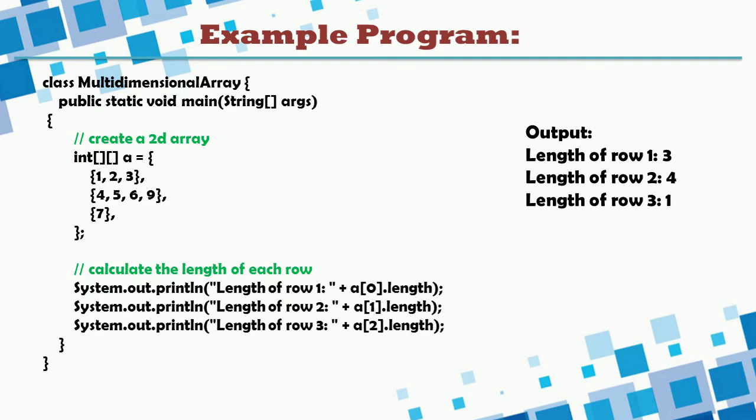Here I just want to print the length of row 1, length of row 2 and length of row 3. Simply I have used a main method and I have initialized the values. See, in each and every row there are different columns specified here. For the first row it is only 3 values, for the second row there are 4 values given, and for the third row only 1 value is given.